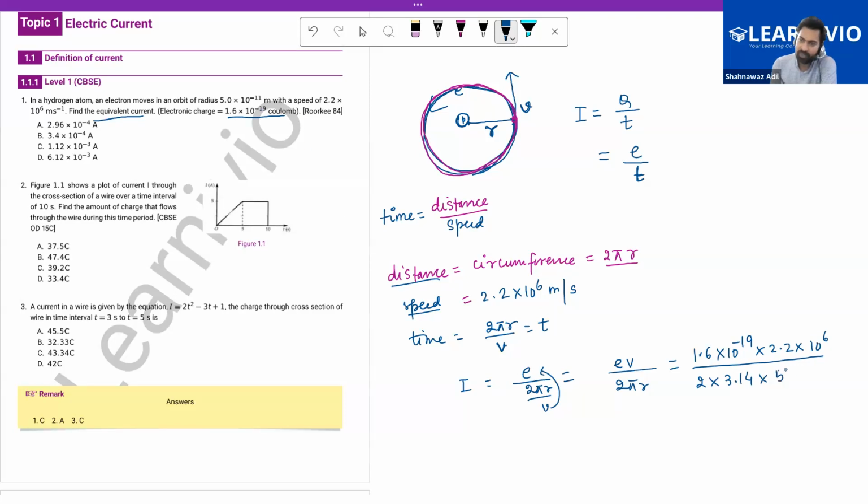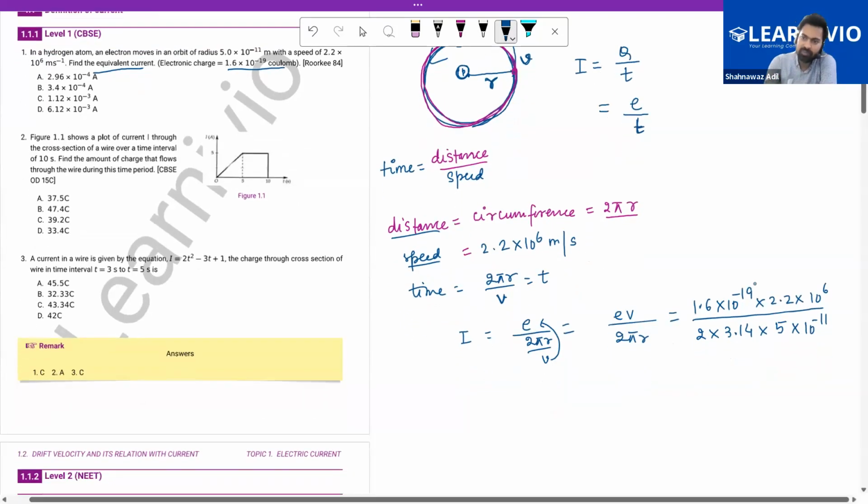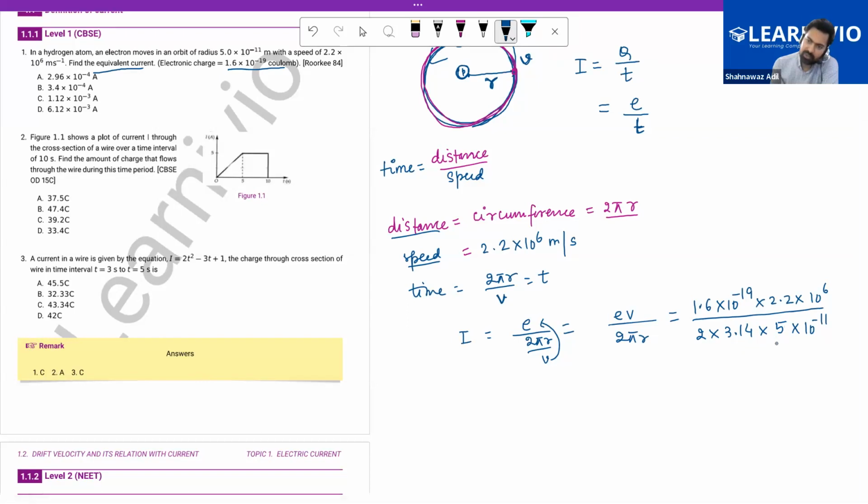5 into 10 to the power minus 11. Right, so these are the things. So 5 twos are 10, right? So this would be a 10. And now we have 1.6 into 2.2 divided by 3.14.